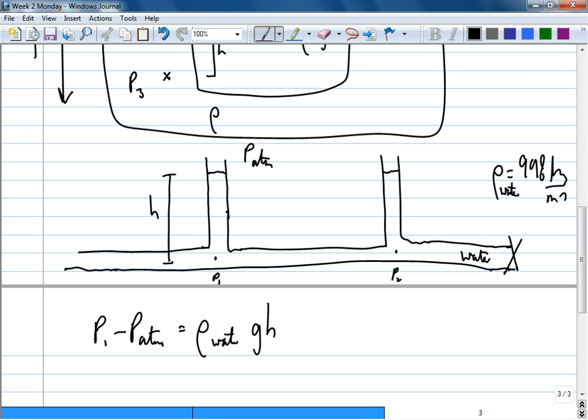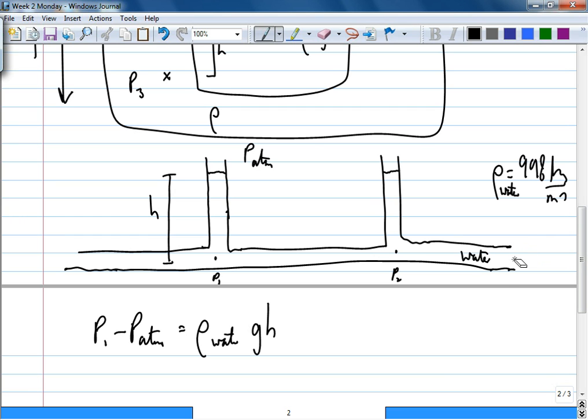Then what should I do next? Should I open the pipe? So if I open the pipe, then the water starts flowing out here. I will notice that these are not here anymore. This one will drop. This is the original height.